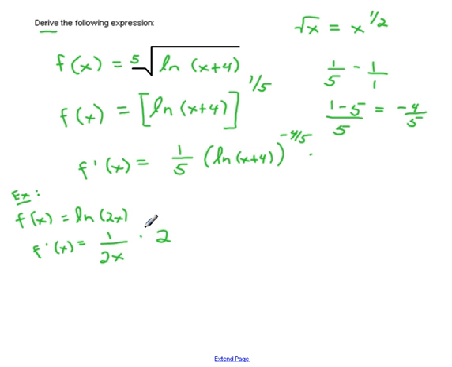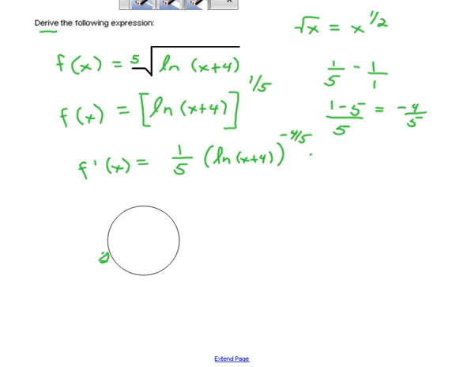So remember, the derivative of a ln has two parts. 1 over the expression multiplied by the derivative of the expression itself, 2. And then you could cancel out, and you'd be left with 1 over x. Alright, guys, so make sure to copy this down and keep it on the side, because we're going to use it right now.